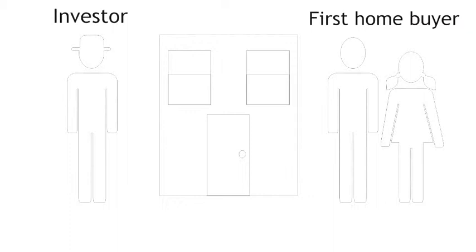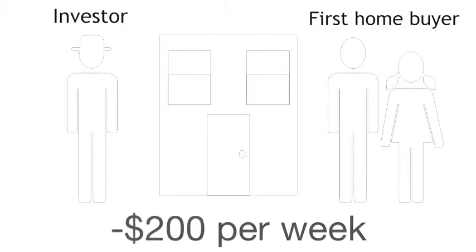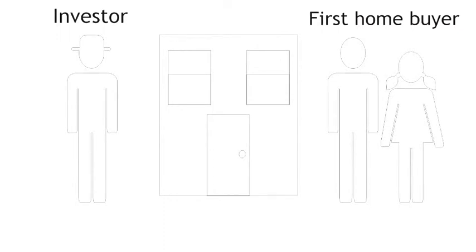The mortgage on the property costs them about $500 a week, but they rent it to us for $300 a week. That $200 loss is able to be offset against the tax paid by the investor, hence the property is negatively geared. The government needs to give incentive for investors to own rental properties so that there is rental accommodation available in the property market.